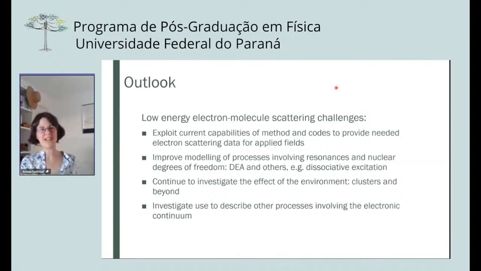So things like dissociative electron attachment, things that involve resonances and nuclear degrees of freedom, which I haven't talked about very much, where we still need to do more work if we want to both provide an understanding of the process, but also quantitative data.